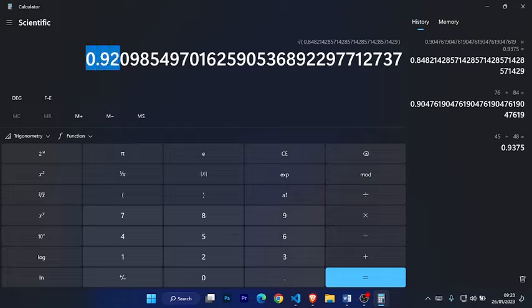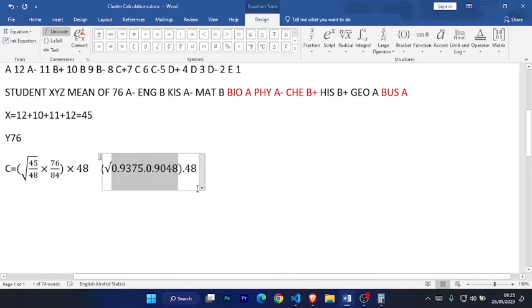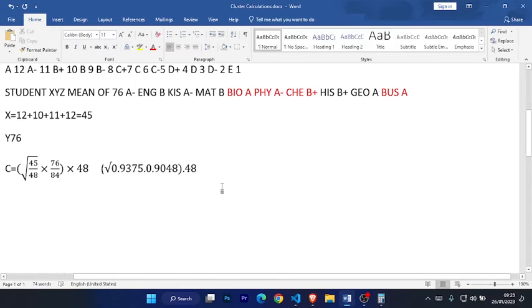To get 0.9288. Then after we have found the square root, we have gotten our answer. So we can multiply this by 48 to get the cluster.